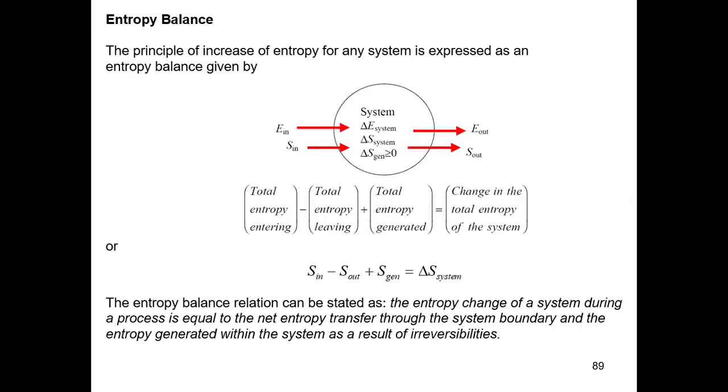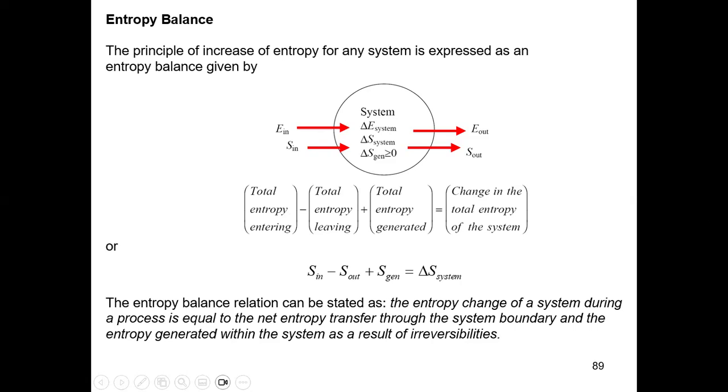Okay. The principle of increase of energy for any system is expressed as an entropy balance by this: total entropy entering minus total entropy leaving plus total entropy generated is equal to change in total entropy. So S in minus S out plus S generated is equal to delta S, or change in entropy of the system.